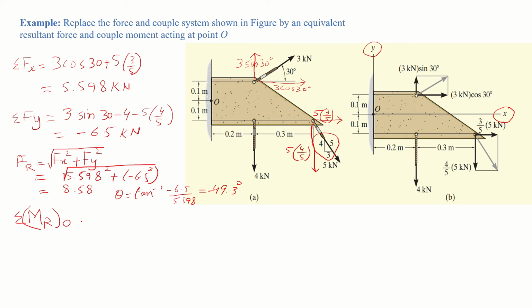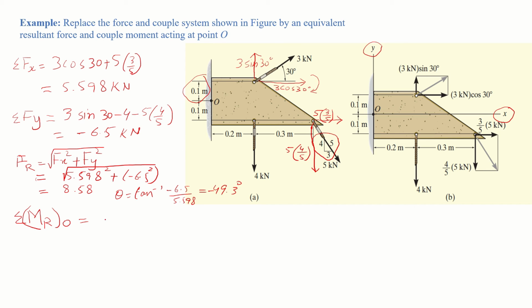Now we'll calculate the moments. Each component of force has a perpendicular distance from point O. The component 3 cos 30 has a perpendicular distance of 0.1, so it will rotate the body in the anti-clockwise direction.